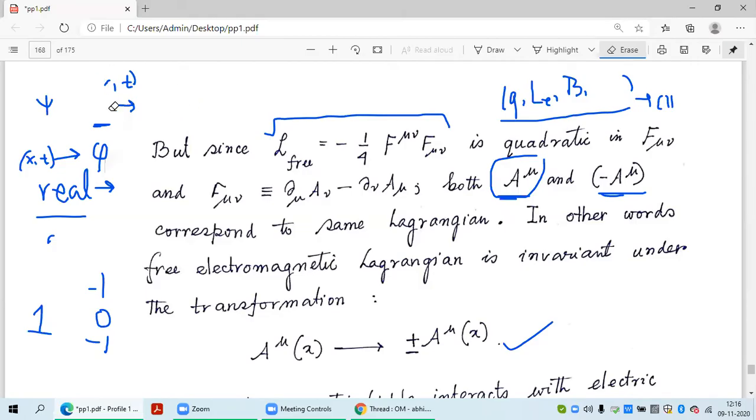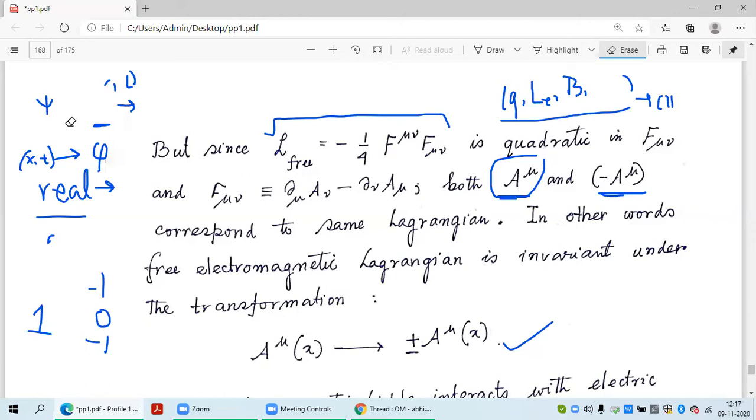Yes, sir, but how spin is related to that I have not shown, but we will show. How spin is related to this A mu, how A mu describes a spinful particle, how the Dirac field describes a spinful particle, and how psi describes a spinless particle, that has not been explicitly shown in this course yet.